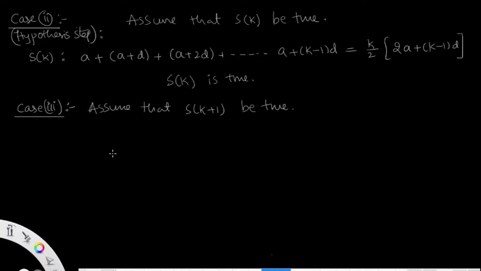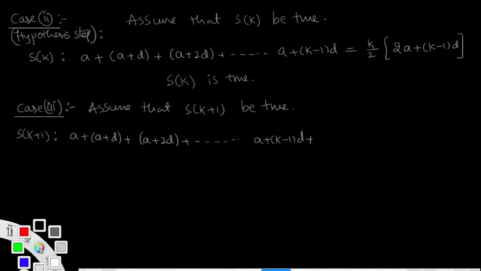So write in the terms of, the expression can be changed into S of k plus 1, that is a plus d plus a plus 2d, in the terms of same as it is, you can write up to a plus k minus 1 into d. The next term is what you have to identify. Up to k terms we have written.